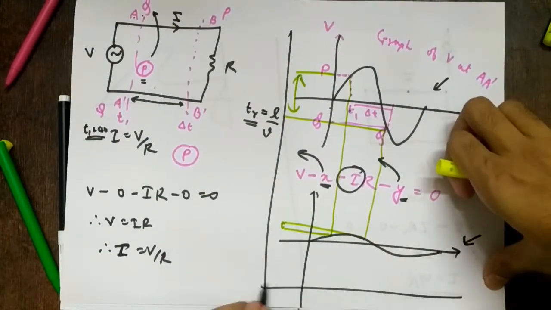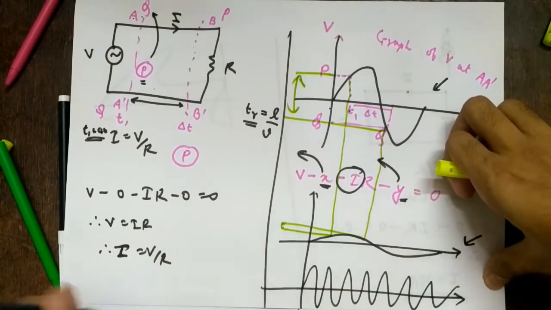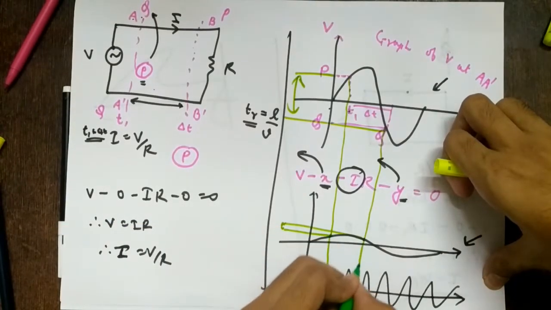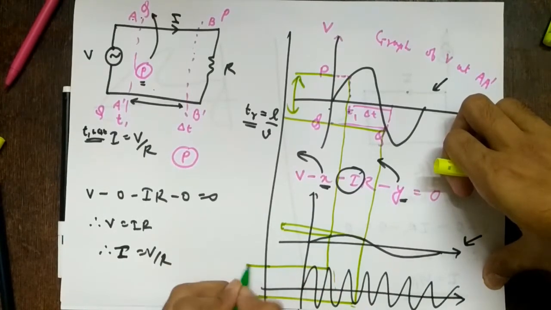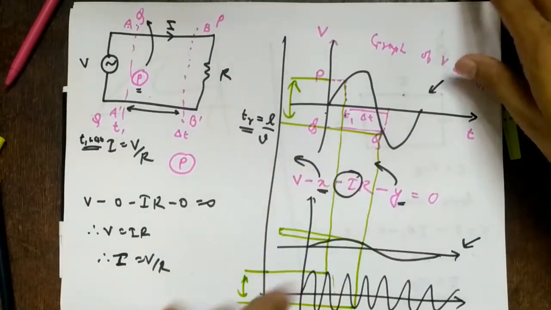Let me draw one more diagram. Let's say I have a signal which is somewhat like this now. Again, I will extrapolate it here. Again, I am getting a huge difference, so I cannot ignore it here. What can we conclude from this understanding?